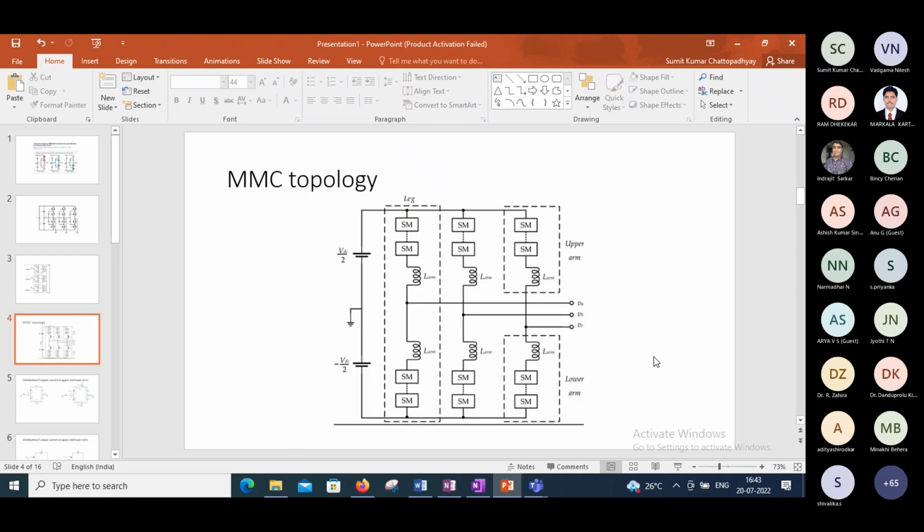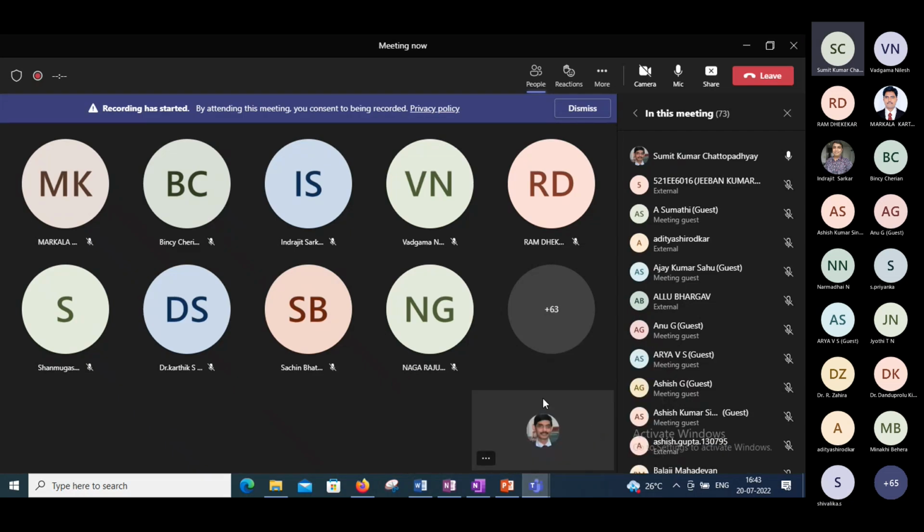So here we will take a short break, and before the break, I need your opinion. It will take some time to discuss the modular multilevel converter, which is expected to be relatively more challenging for everyone.